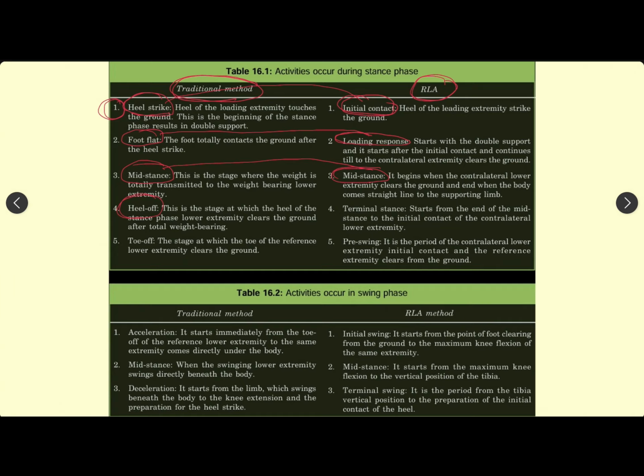Then heel off correlates with the terminal stance, and toe off correlates with the pre-swing. And in swing phase, acceleration correlates with the initial swing. Mid swing stays as mid swing.